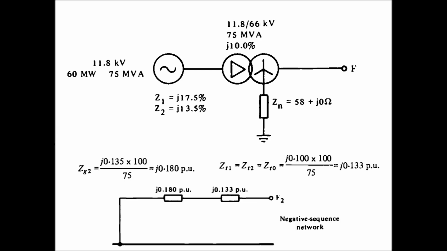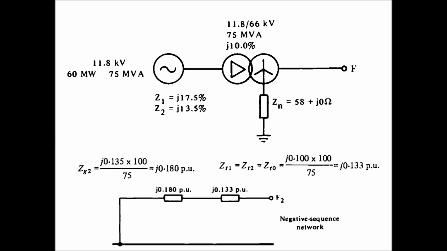Now we'll draw the negative sequence network. The negative sequence impedance value for the generator is 13.5%. To convert it to the 100 MVA base, we get the negative sequence impedance Z2 equal to 0.135 into 100 divided by 75, which comes as 0.180 per unit.